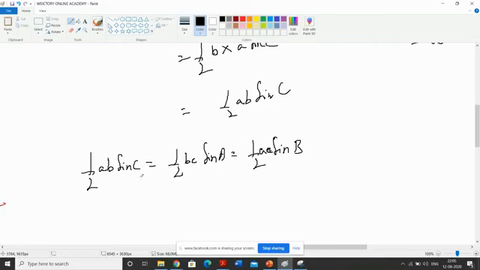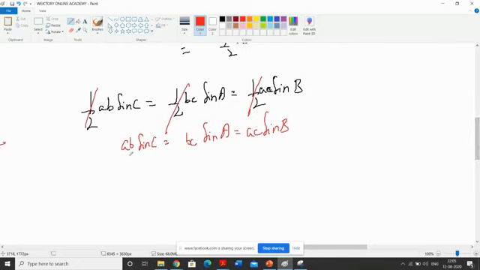Now we are deriving the sine rule. So half and half get cancelled out. ab sine C equals bc sine A equals ac sine B. Right? Now divide the three by abc.